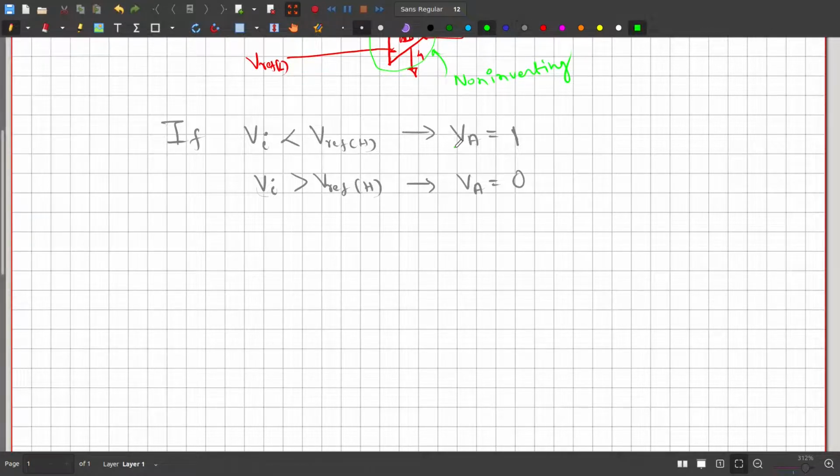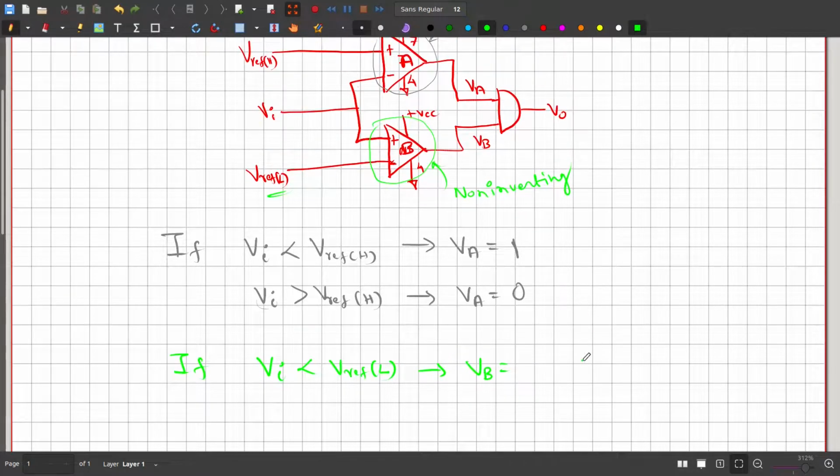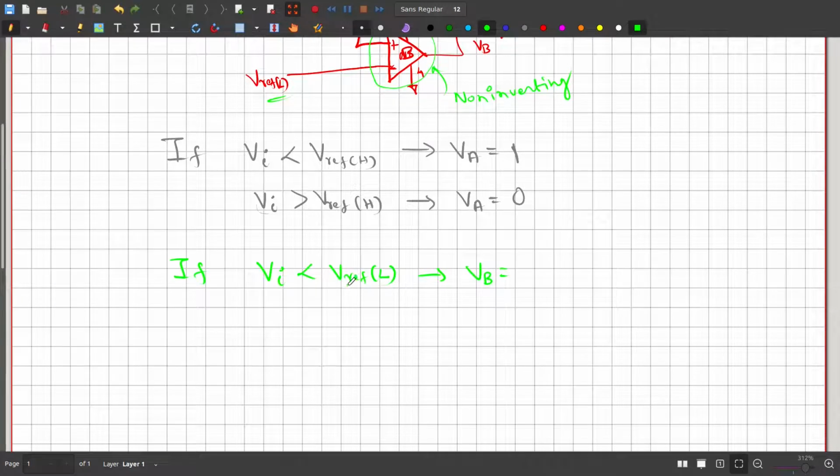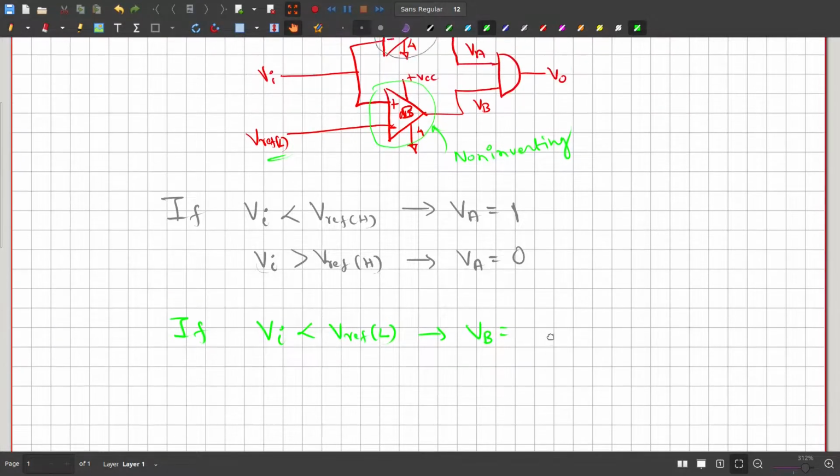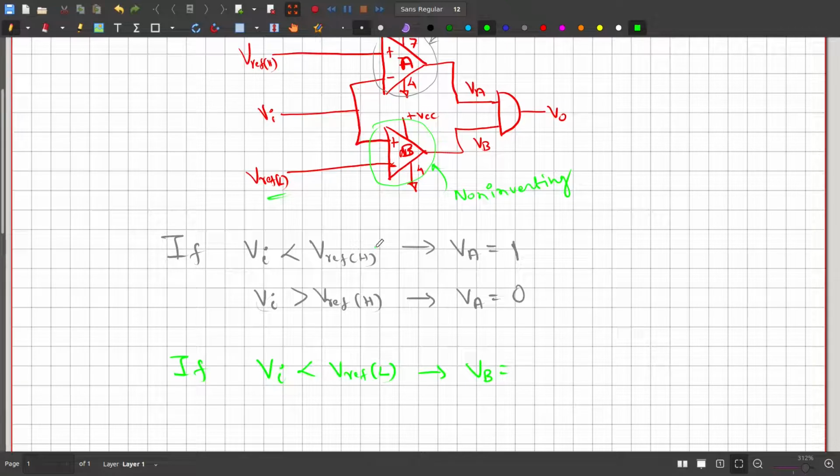Similarly, we have to examine the non-inverting case. If Vi is less than V ref of low, then what is Vb? Wherever the greater sign is, the output will be tied to that pin.